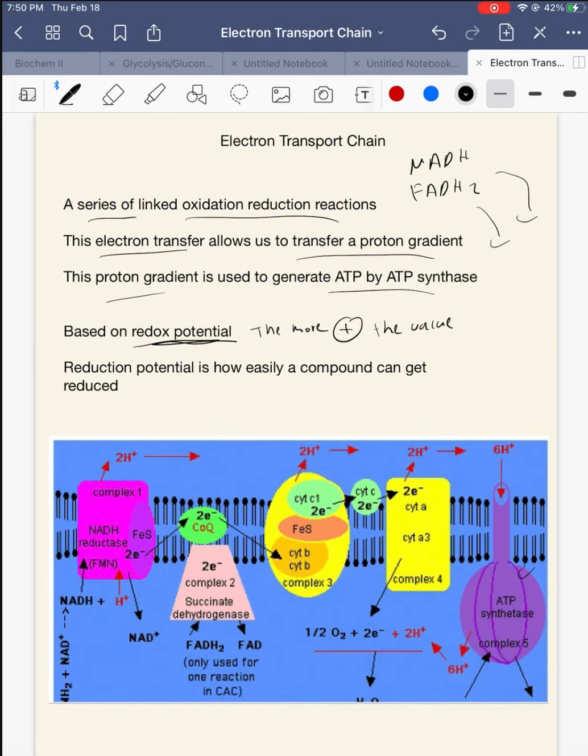This is if you're given reduction potential, which is what most books and tables do. If you see oxidation potential, it will be different. So just keep in mind, the more positive the reduction potential is, the more likely something will be reduced.